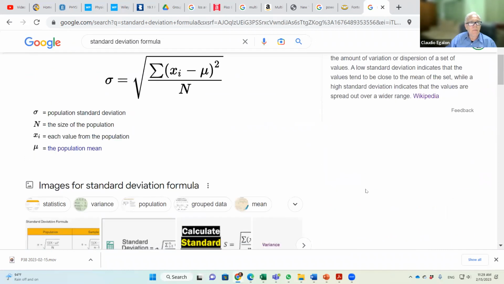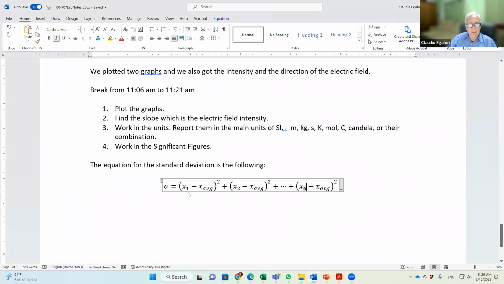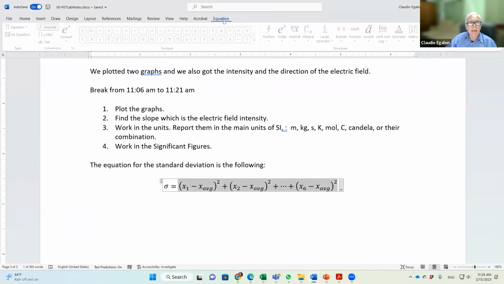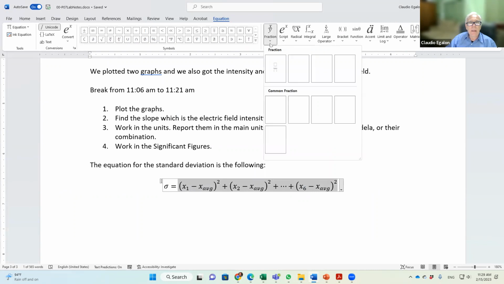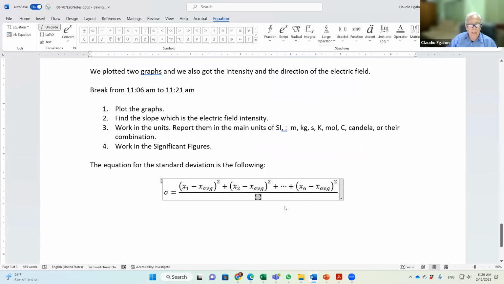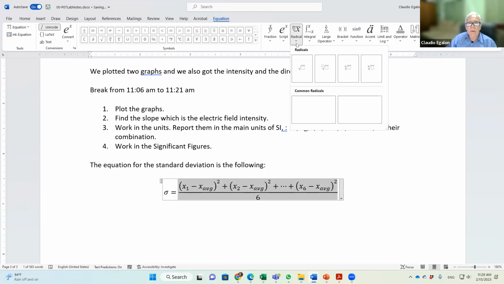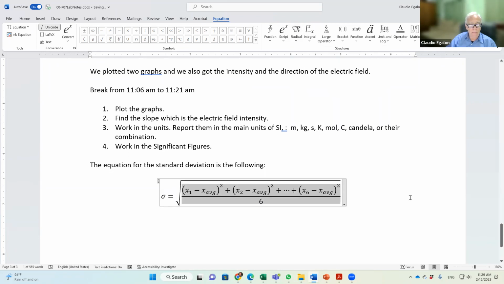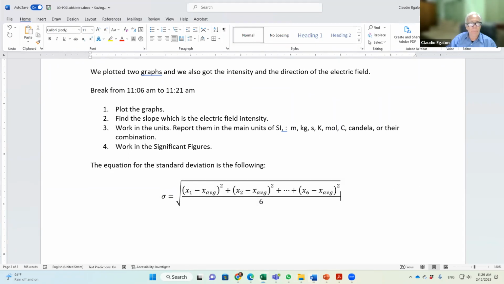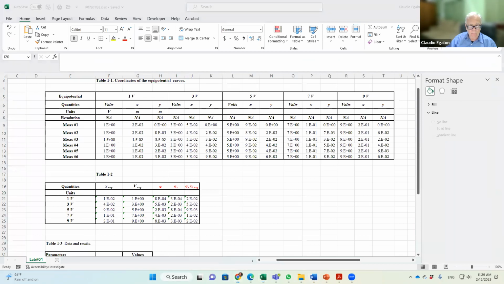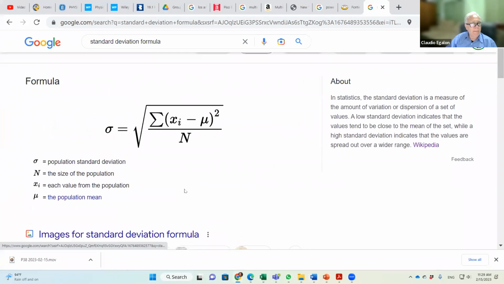Here you go. Divided by n. In this case, n would be 6, and everything here is a square root.